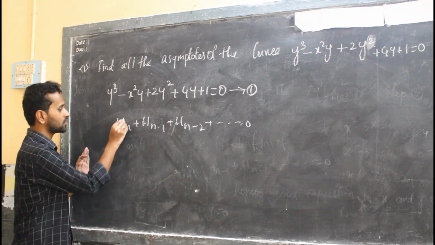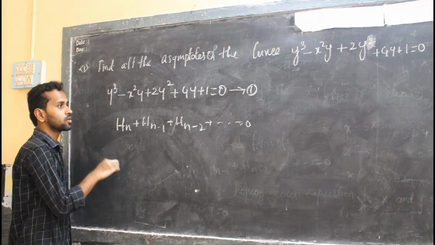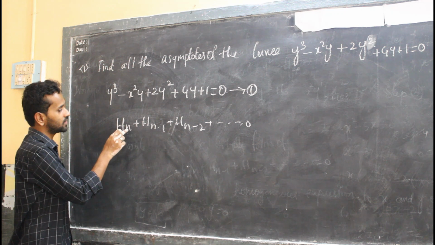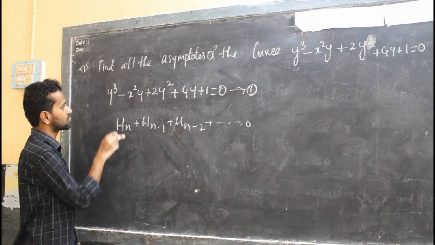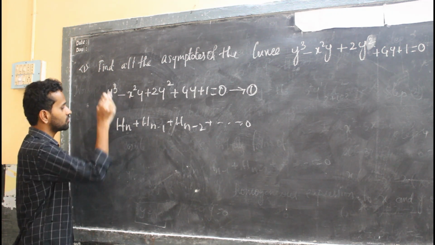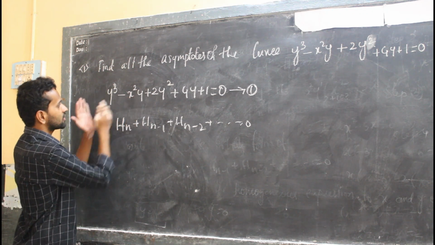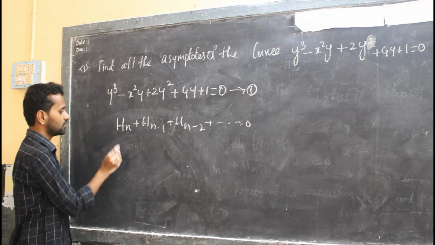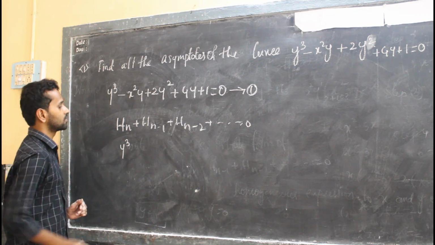So now what will be happening here? First check hn, that means the highest term of degree n in this equation. So 3 is the highest degree, so I need to consider the degree 3 terms separately. One y cube, is it clear?